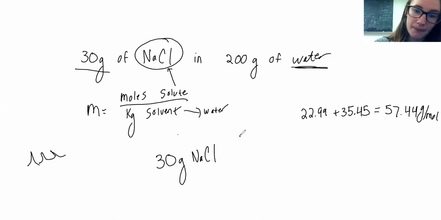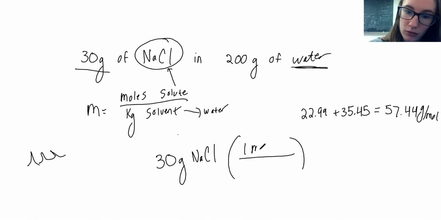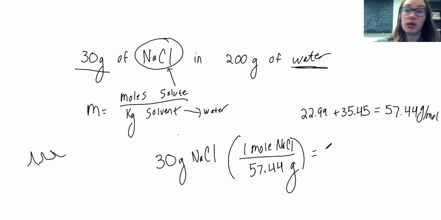So we're going to do our normal thing: 1 mole of NaCl is 57.44 grams. Super exciting. Let me get a calculator.